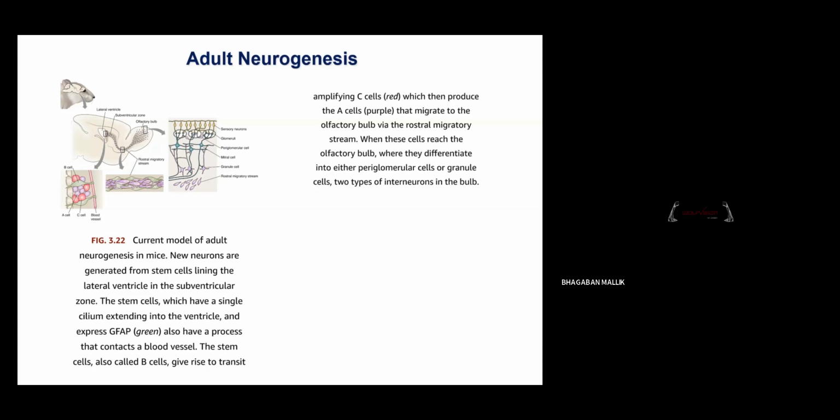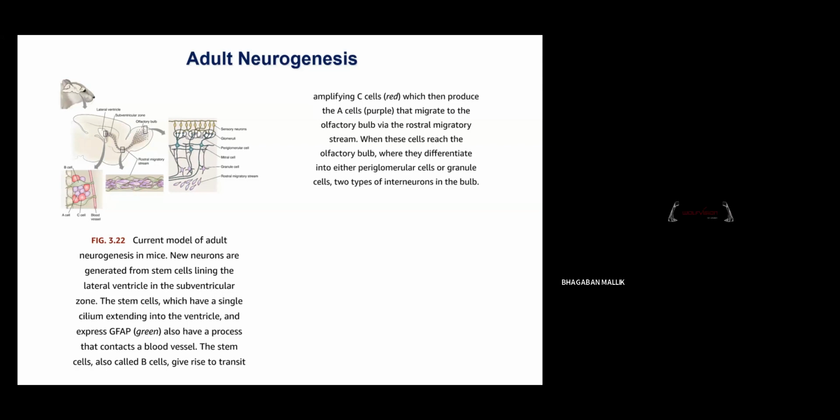Here in the lateral ventricle, you have a specific type of stem cell which helps in neurogenesis, or the formation of neurons in the adult stage. This green type of cell that you are seeing here is the B cell, which I'll be talking about soon. What happens is the cells are produced here in the ventricular or subventricular zone, and they migrate to the olfactory bulb. This happens during the adult stage.